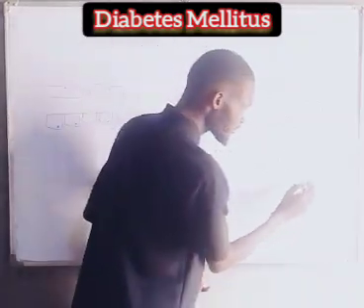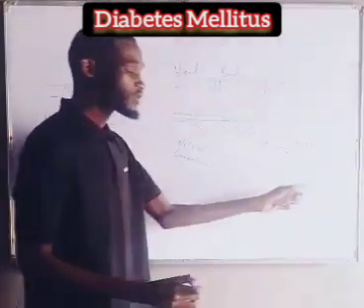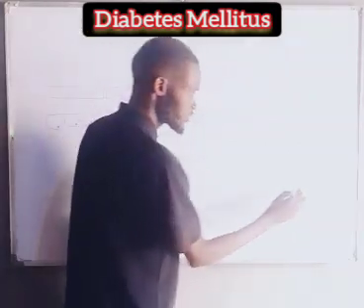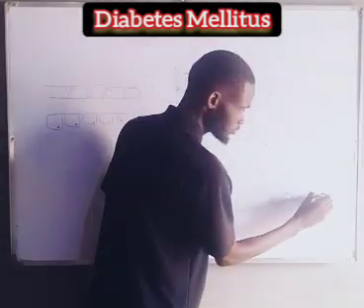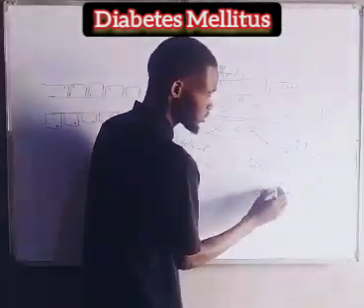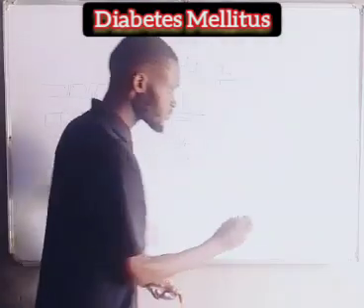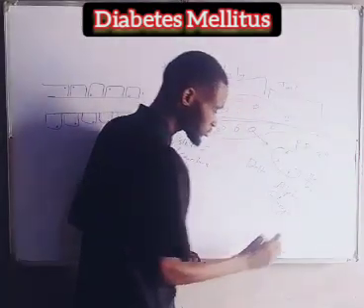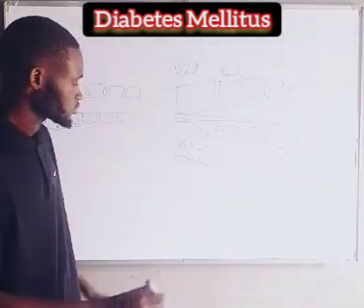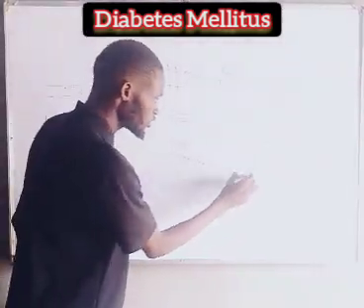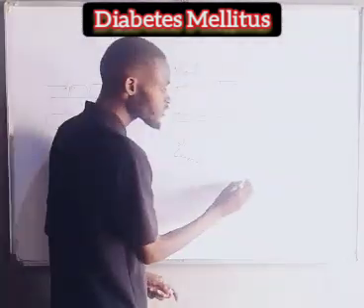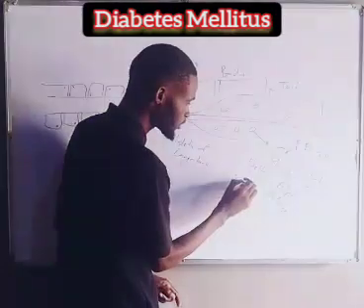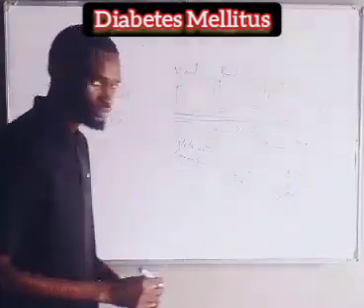The beta cell produces insulin. The alpha cell produces glucagon. The delta cell regulates beta and alpha cells.